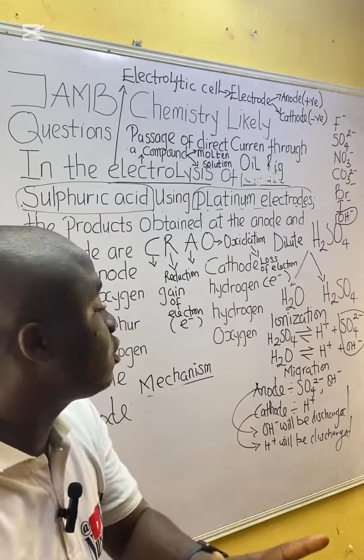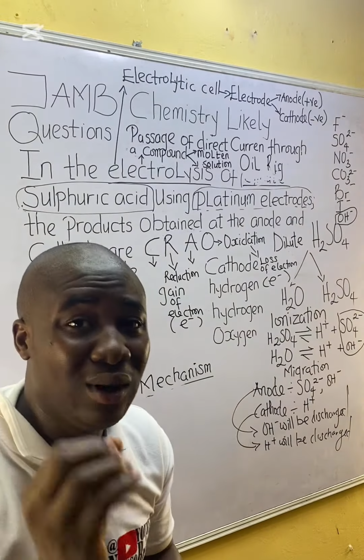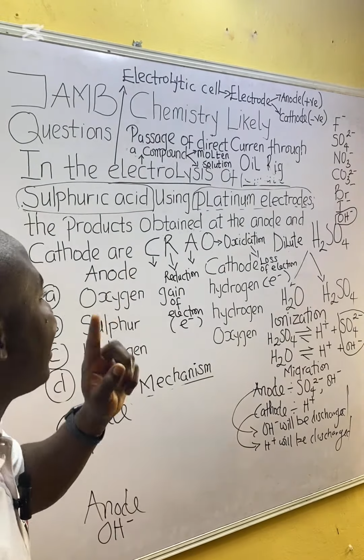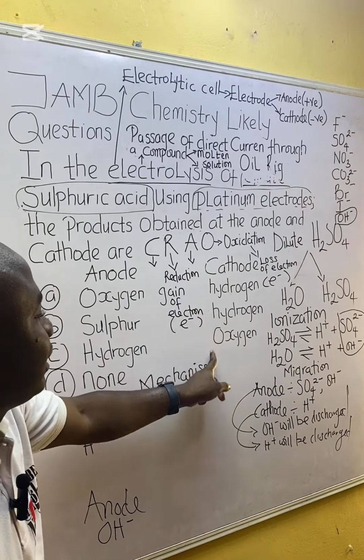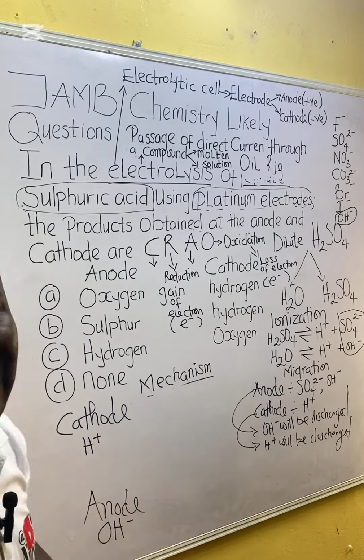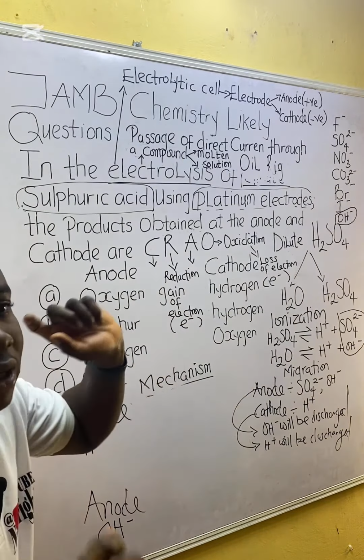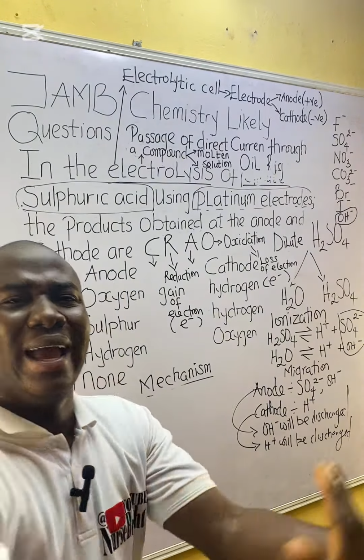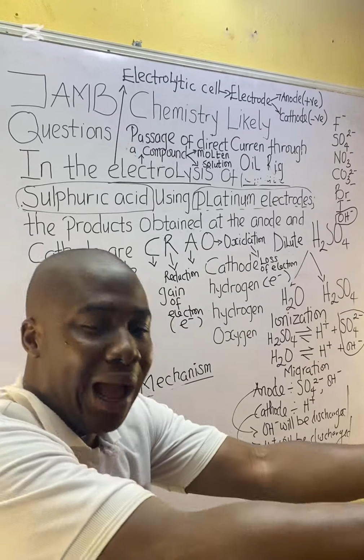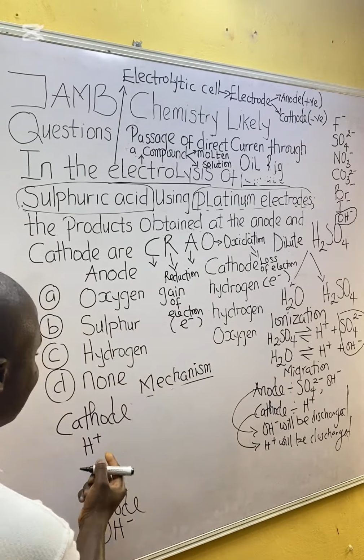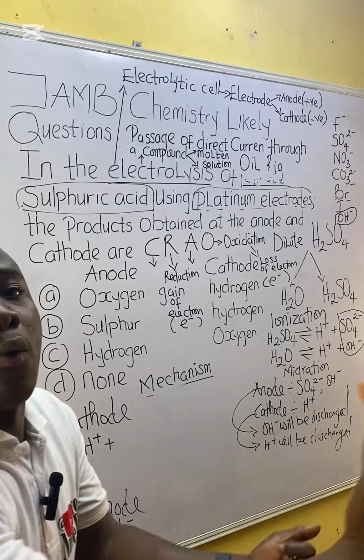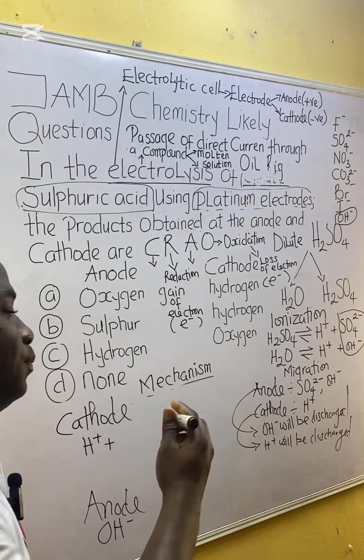Now, let's go back to our cathode and understand the reaction to get what will be liberated at the cathode, the product for the cathode, so we'll get an answer. It's very simple. Remember, I said that the cathode undergoes reduction, and reduction is what? Gain of electron. You are gaining electron to yourself. That means this hydrogen ion will actually gain electron.